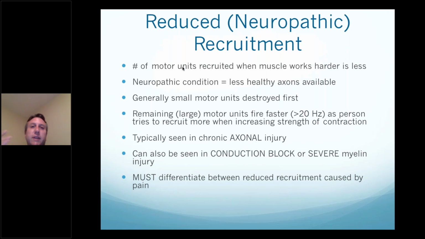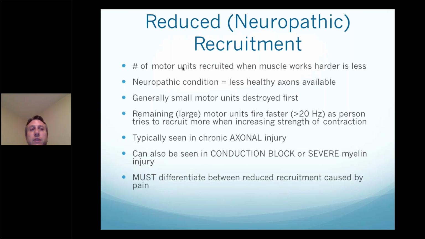And it's not something I would put my house on, but it gives you a little inkling about the myelin function, because it can show reduced myelin. It's more often than not a sign of axon damage, but in some cases of severe myelin injury, you can see reduced recruitment.